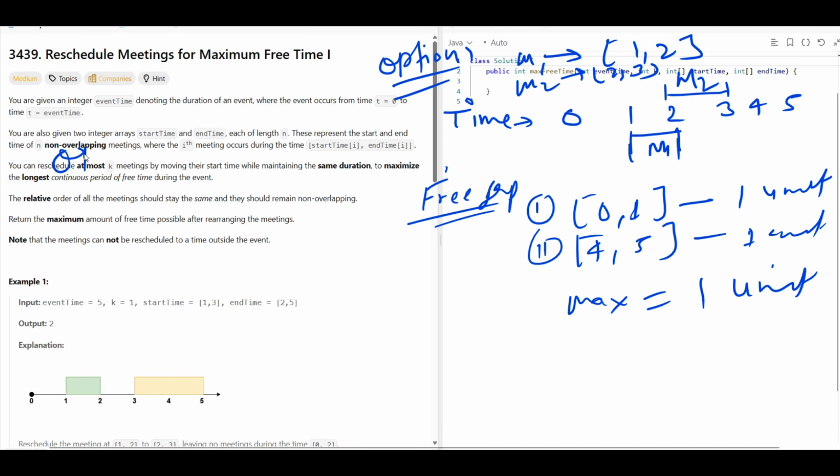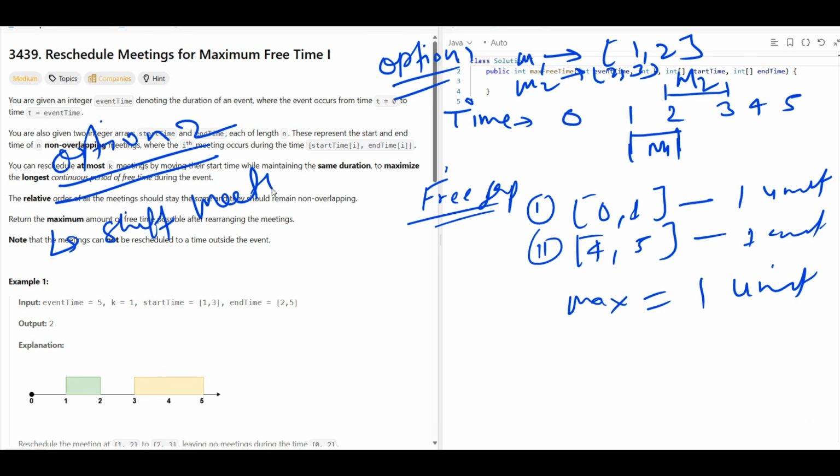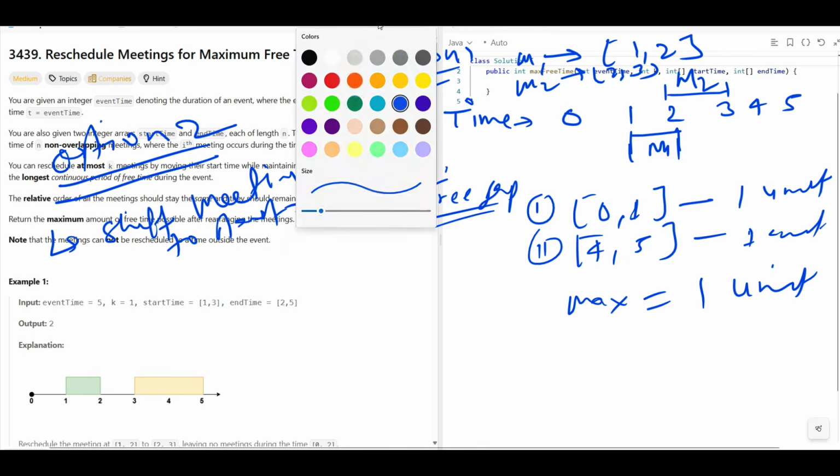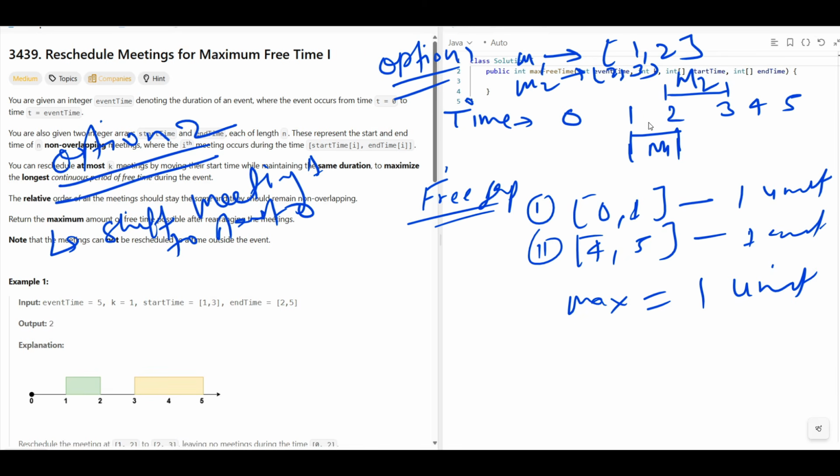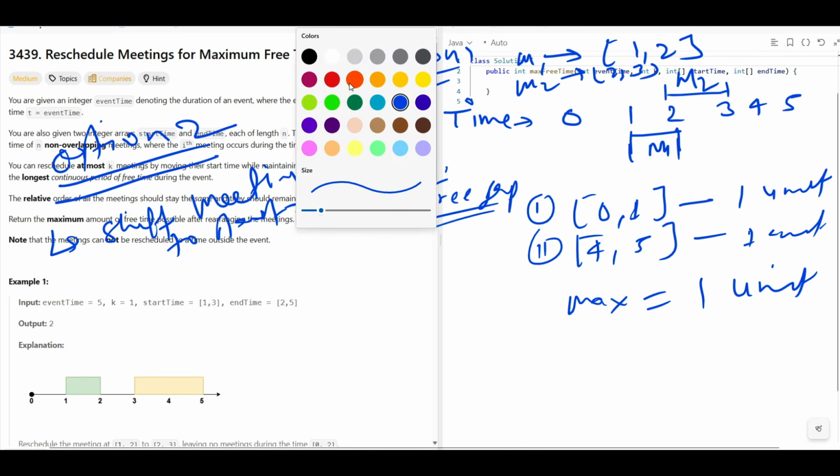Now understand option 2. In option 2, we shift meeting M1 to start at 0. Previously, if you remember, M1 was at the same place and M2 was from 3 to 4. Let me change the color.